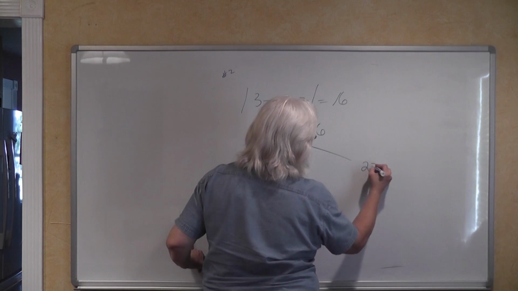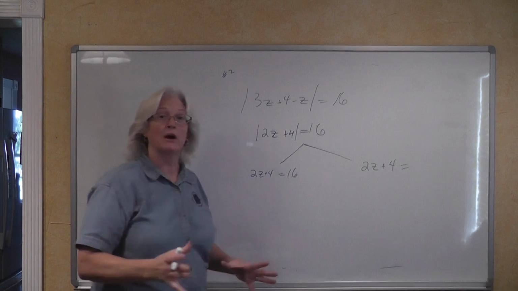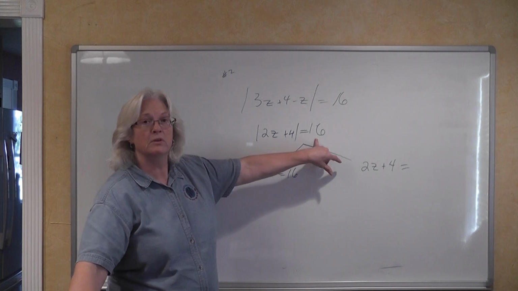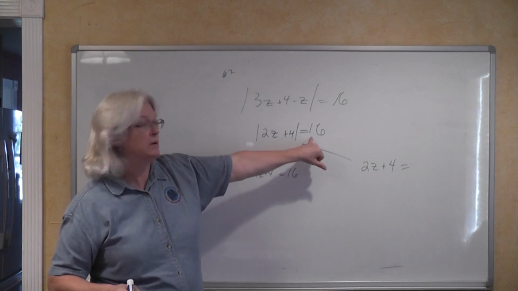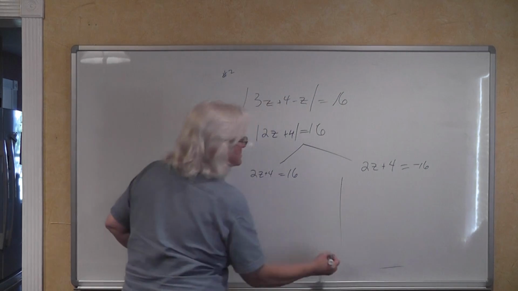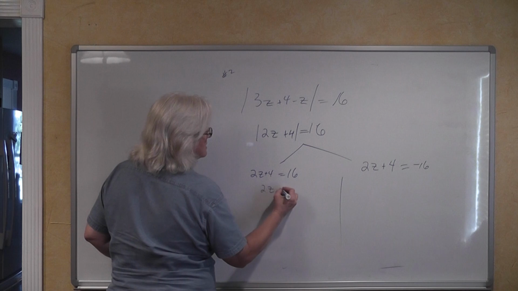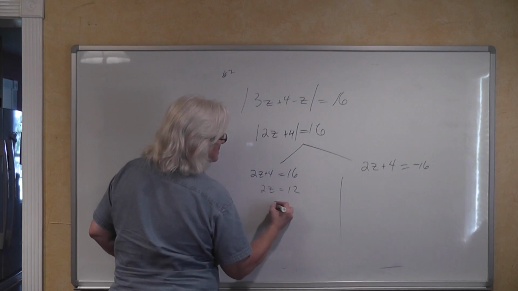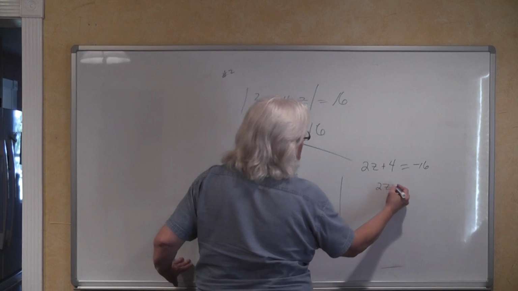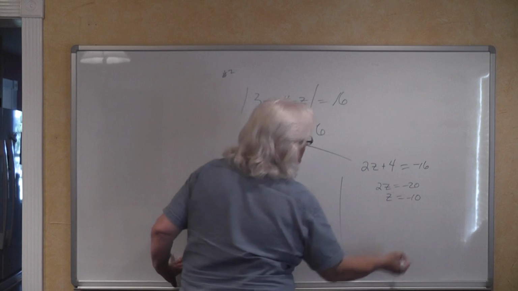The second time is to take that expression within the absolute value bars, which is 2z plus 4, and set it equal to the opposite of this number, negative 16. You solve both of those equations. 2z is equal to 12, z is equal to 6. 2z is equal to negative 20, z is equal to negative 10.